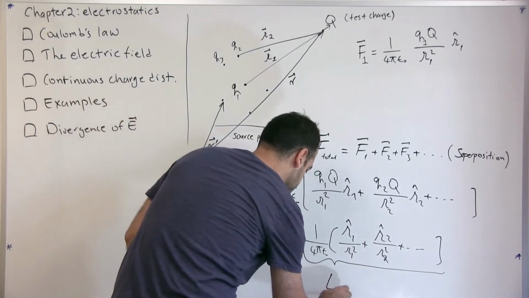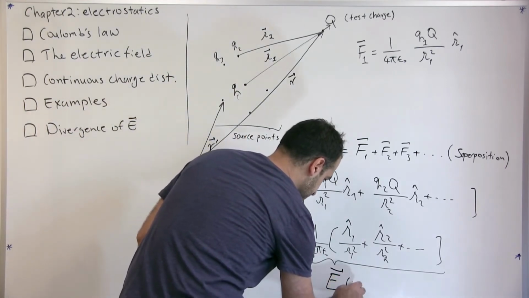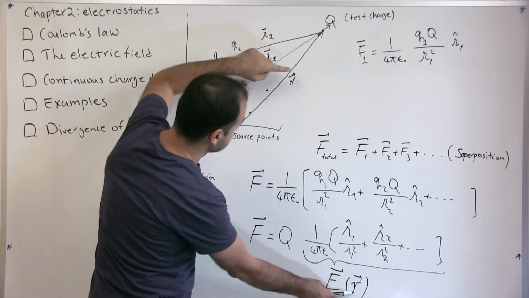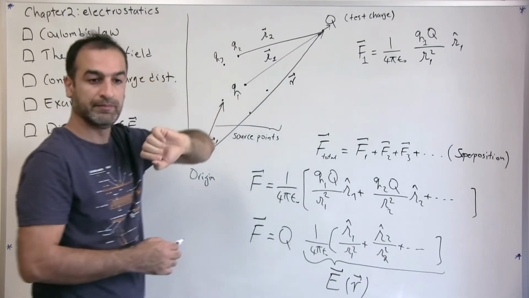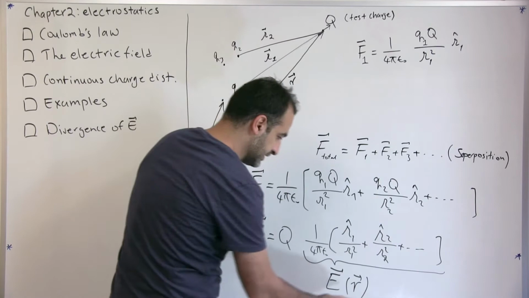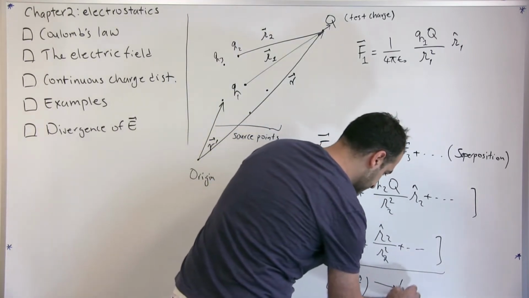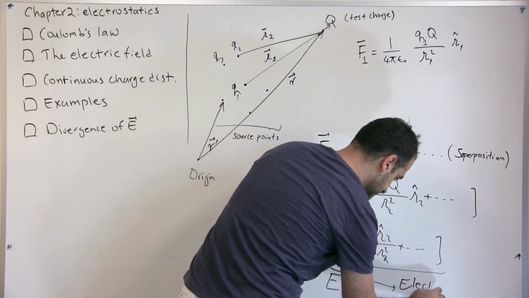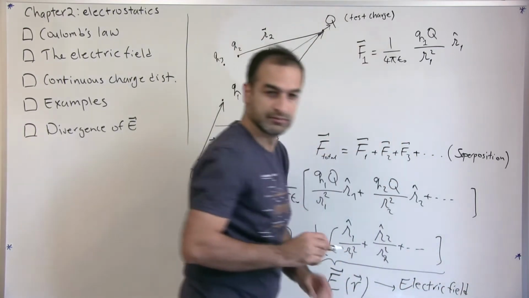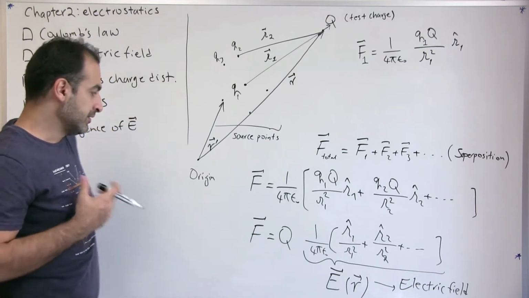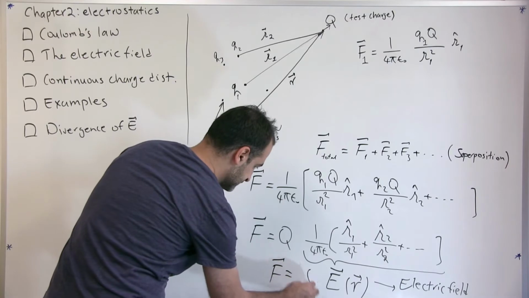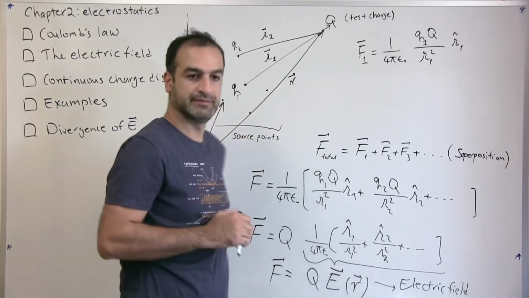We can write it in terms of E at position R, and note that this position is actually the position of the Q. We can name the whole thing here E, and this is the electric field. So the force is going to be equal to Q times E of R.